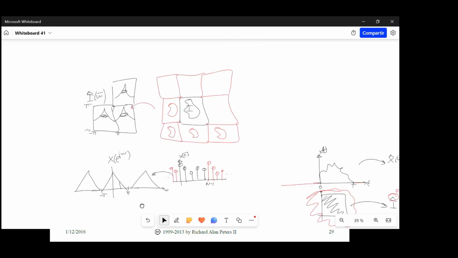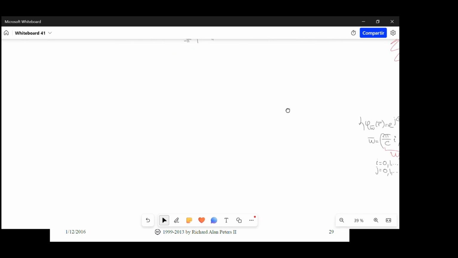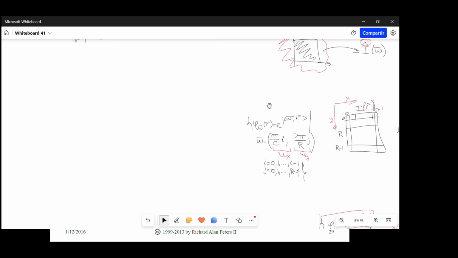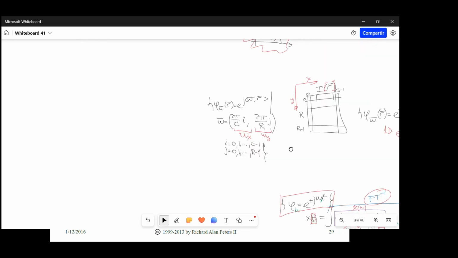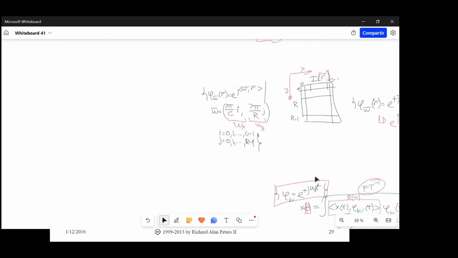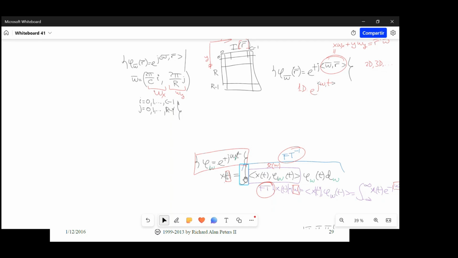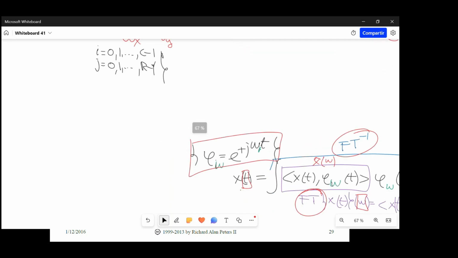Okay, so now we may wonder, these bases that we have in here, how do they look like? They are complex valued waves in two dimensions. It is the same as in one dimension. In one dimension, this is complex valued, but we typically present it in this way.